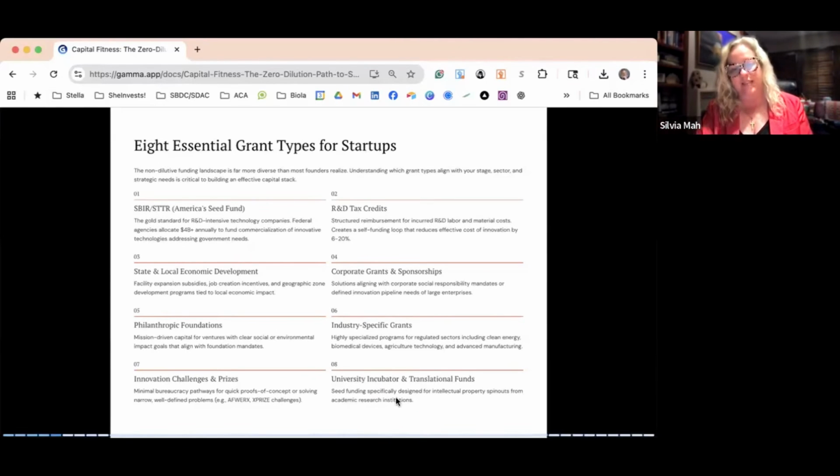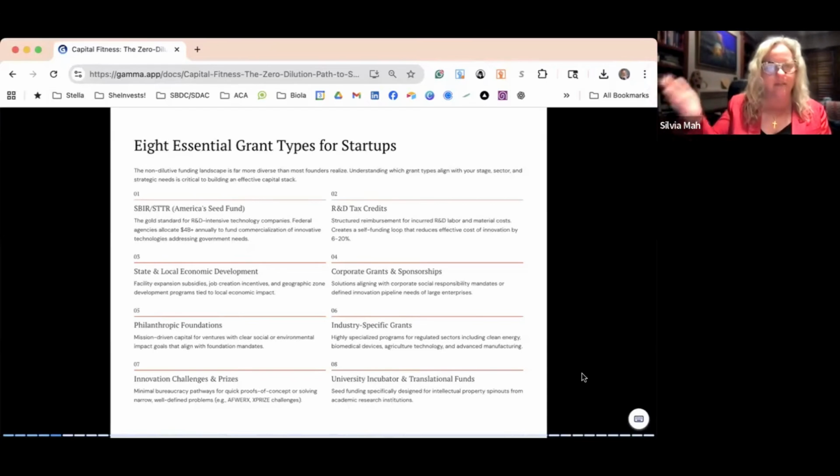University incubator and translational funds. So look back at seed funding, especially designed for intellectual property spin-outs from universities or academic research institutions. And if you are part of a university, go back to your university and see, do they have an incubator? Can I join it? Can I not? Do they have a fund?